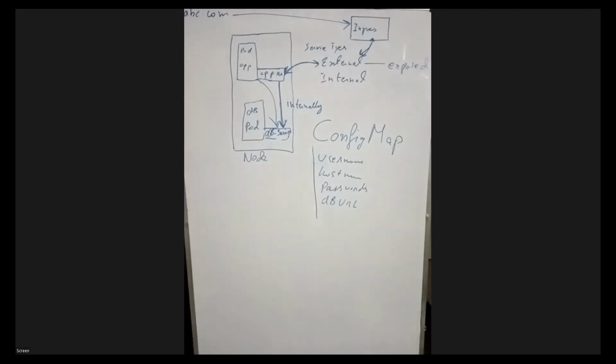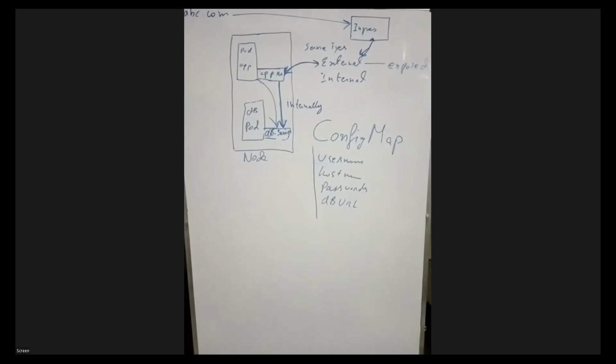But I told you there is a problem with defining username and passwords in config map. And what was the problem? The problem was everything is written in clear text format. The password, the DB URL, the username.